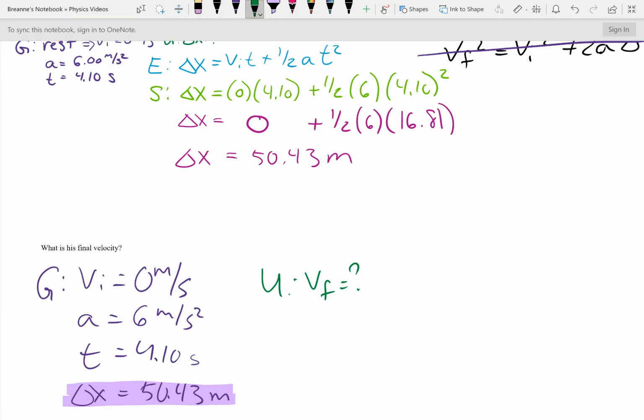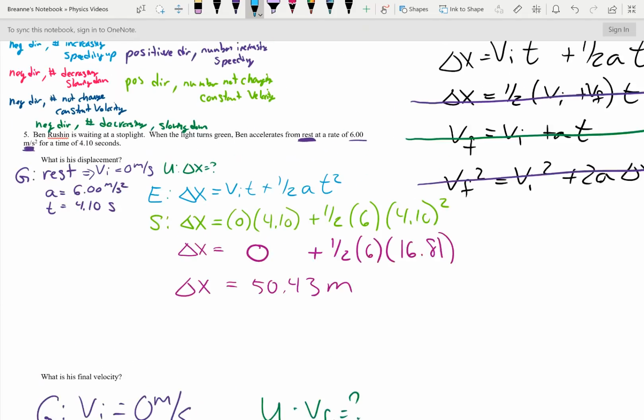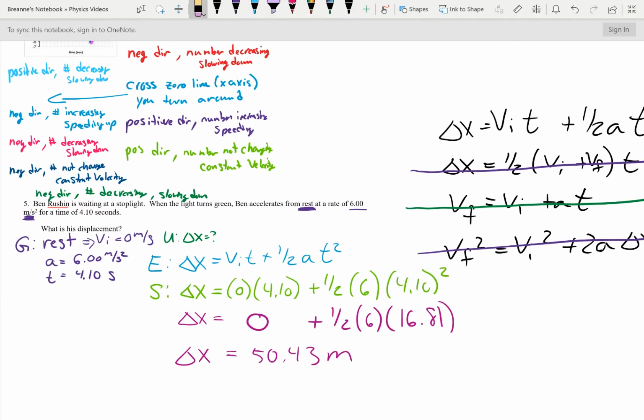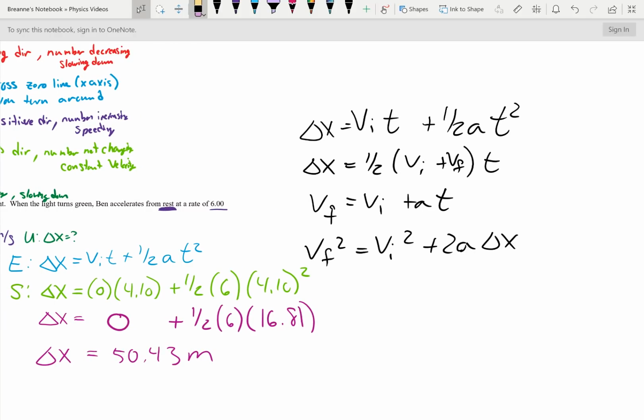Now we need our equation. So we're going to go back to our equations. Final velocity has to be in our equation. So we're looking. Nope, this one, whoops, did not mean to erase that. This one does not have final velocity in it. The other ones do.